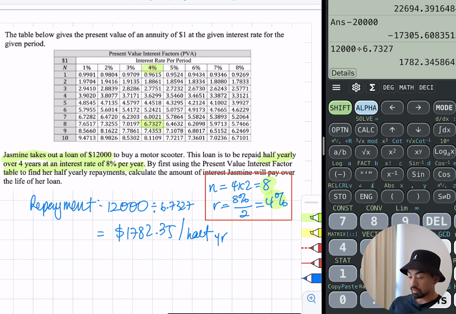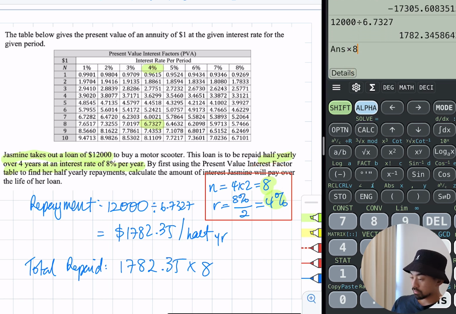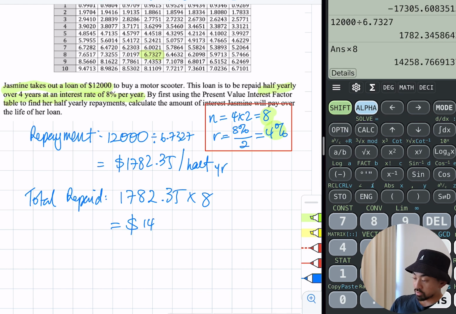Okay, so now we want to work out what she's paid in total. So total repaid will be what her half yearly repayment is times by the number of periods, so 8, which we worked out right here. So her total repaid, it looks like it's going to be $14,258.77.